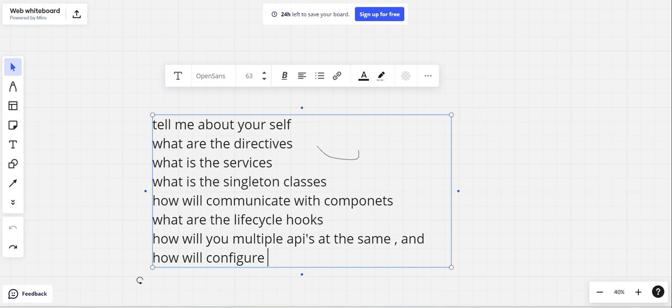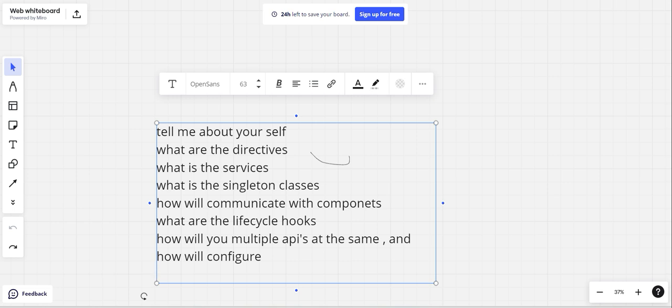He specifically said, for example, I have 3 APIs and I need to call them at the same time, and the response of all of them should also come at the same time. That is a nice question actually. I completely didn't know about it. And what is the other question?